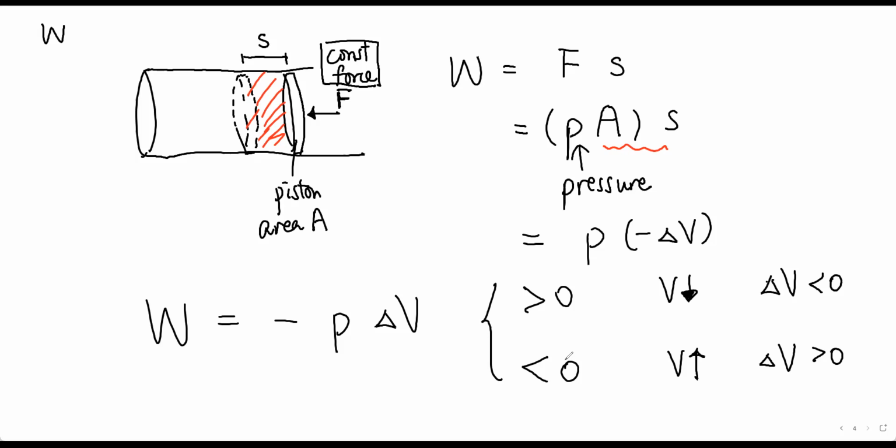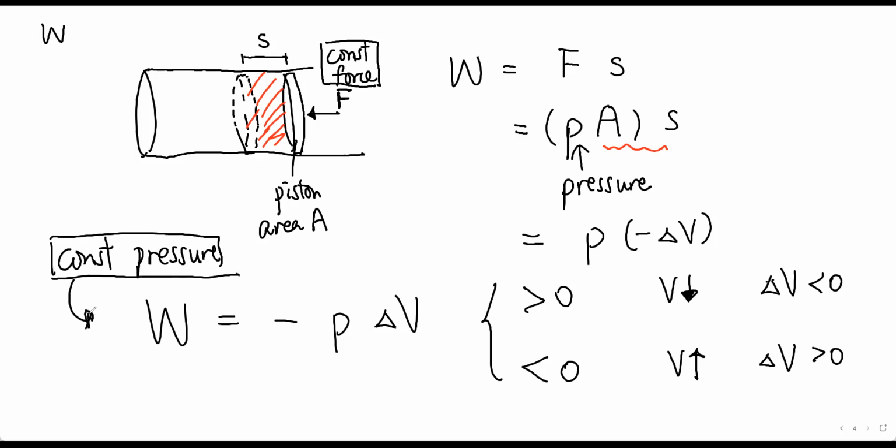But in your syllabus, to find the work done, this formula is only for constant pressure. If the pressure is not constant, then you cannot use this formula. If the pressure is not constant, how can we find the work done?